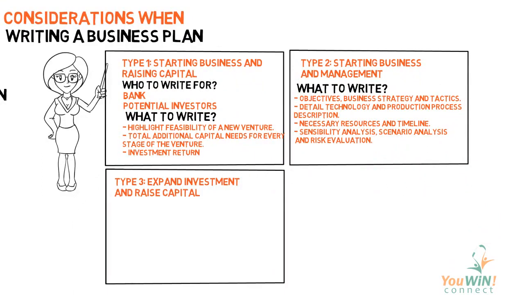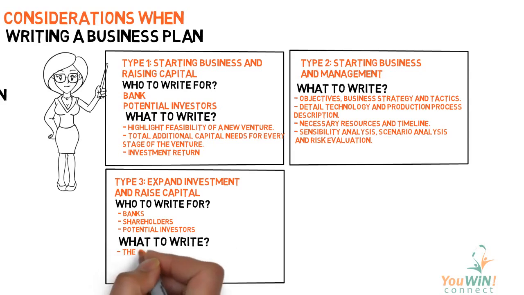Type 3 is an expansion business plan. You want to expand the investment and you want to raise capital. You're writing for banks, shareholders, and potential investors. This should present clear turnover, current earnings, receivables, and why the company needs extra support.